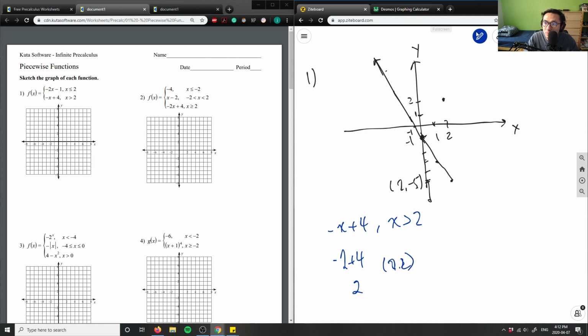Let me do it in blue. Make this point blue as well. This here would be (3, 1), and this next point would be (4, 0), and so on. So I would have this point, and then it would go like that. As you can see, I have 2 of my parts, but I'm missing one thing.